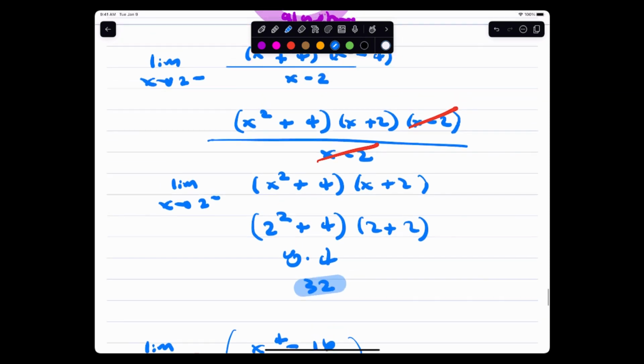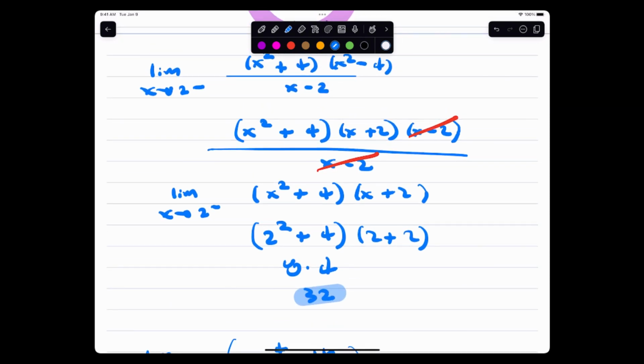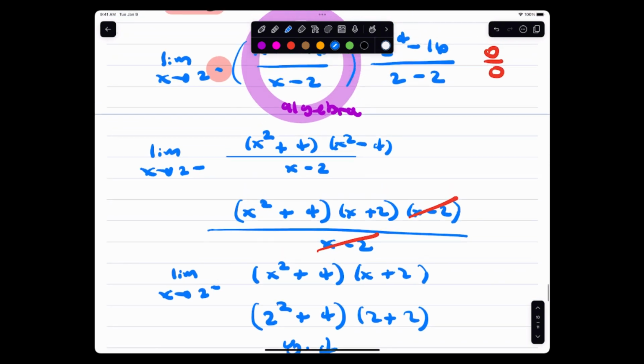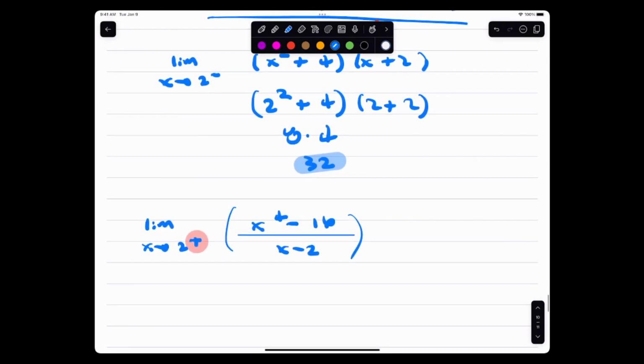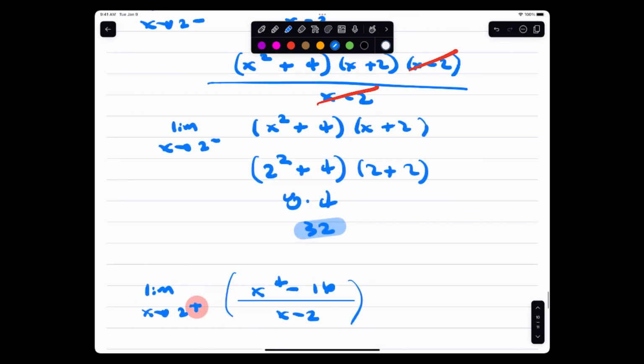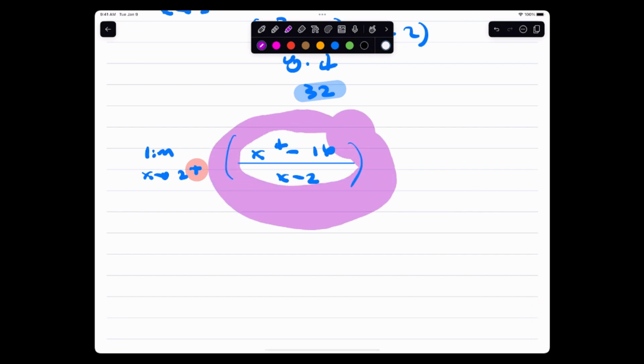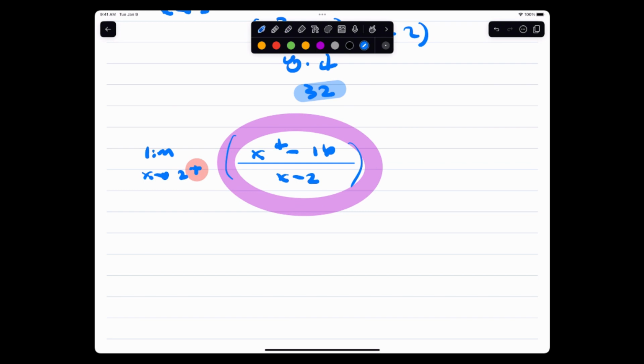Now, that's just the left-handed limit. What about the right-handed limit? You guys know by using the algebra again, isn't that going to be the same algebra? Right? So this is where we use algebra.